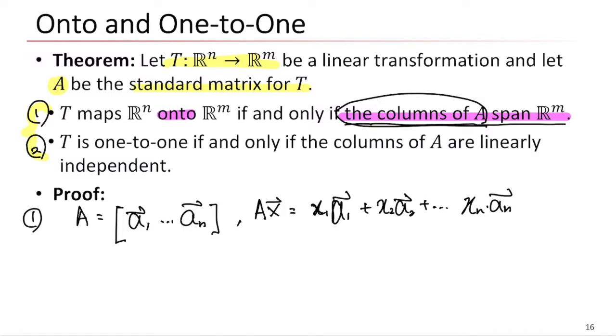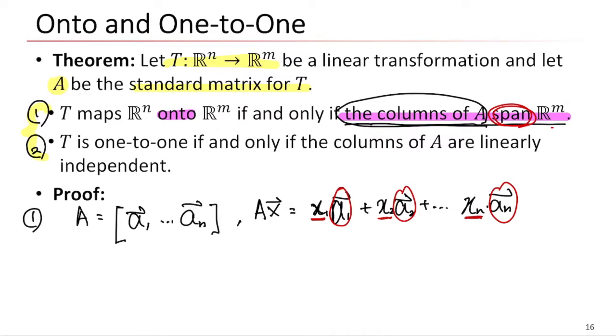So in this case, these values will be the coefficients of this linear combination, right? Then what is the span? Span is the linear combination of these column vectors, right?